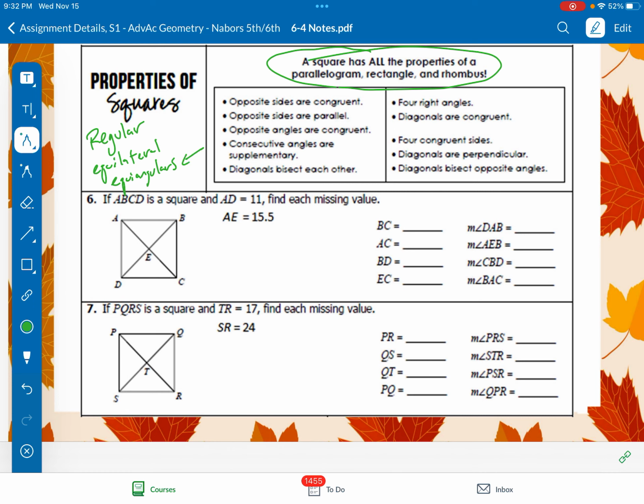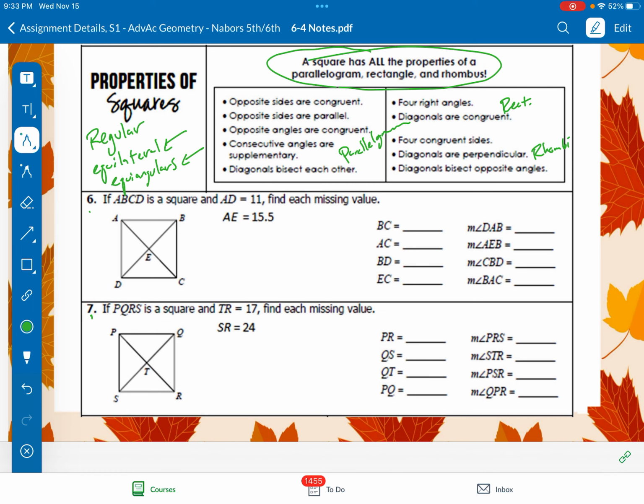And it's equilateral, which makes it a rhombus. So a square is a rhombus and a rectangle. So it has all the stuff we know about rectangles, all the stuff we know about rhombi, and all the stuff we know about parallelograms. So literally we get to use everything here. Everything you would ever just assume is probably correct here.